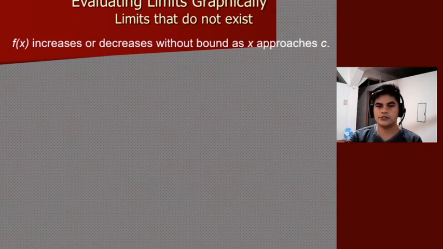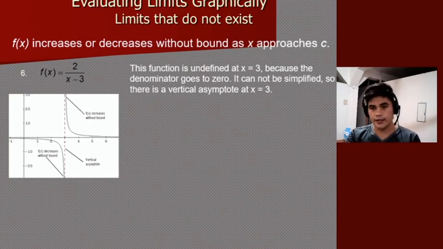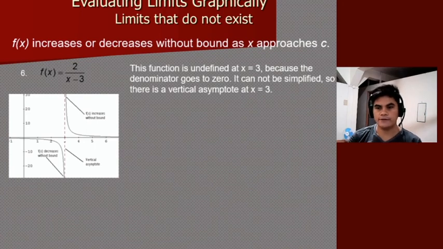f(x) increases or decreases without bound as x approaches c. Like for this example, f(x) is equal to 2 over x minus 3. Look at the graph. This graph is undefined at 3 because if we substitute x equal to 3, the denominator will be 0. It cannot be simplified. So there is a vertical asymptote at x equal to 3.